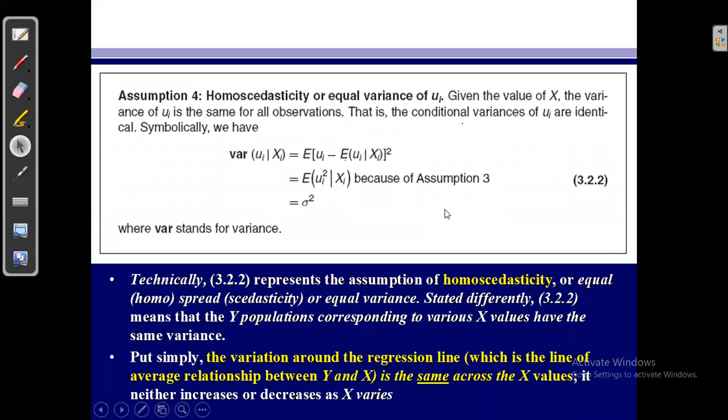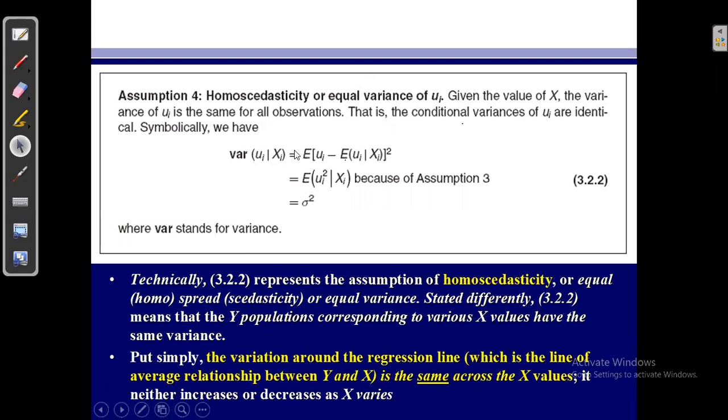The 4th assumption of the regression model is that of homoscedasticity, or equal variance of the disturbance term. Sometimes this assumption is also called the assumption of constant variance of the disturbance term. Given the value of x, the variance of the disturbance term is the same for all observations.